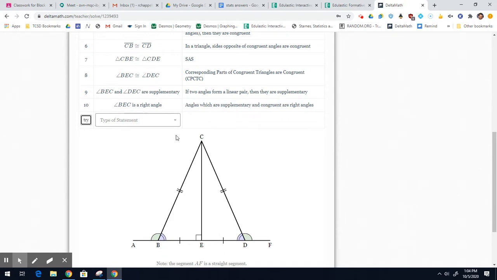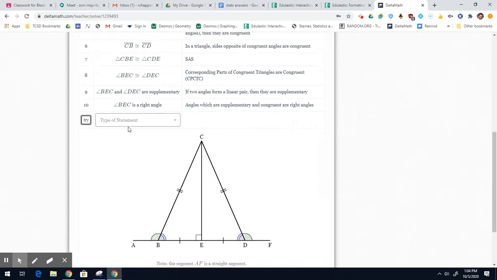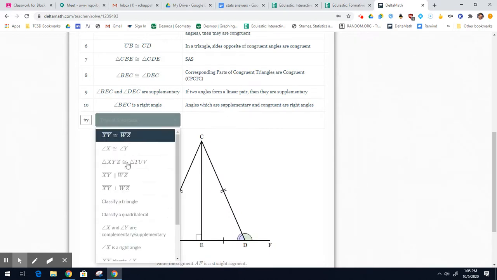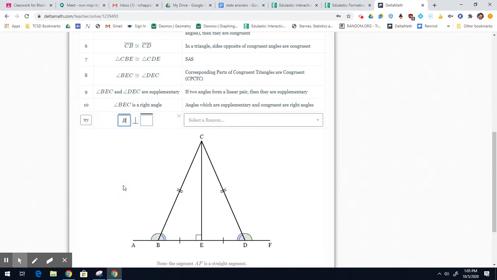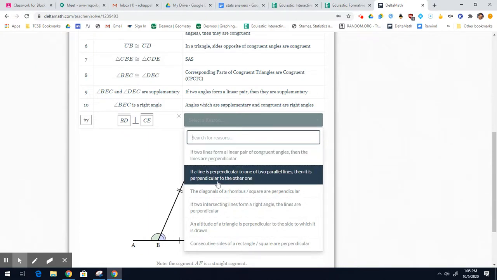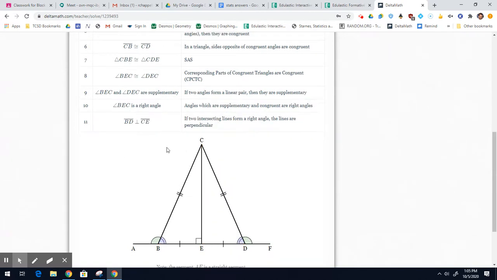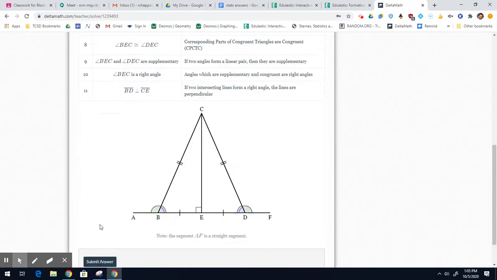And if BEC is a right angle, that means that what we want to prove is true, that segment BD and segment CE are perpendicular. And again, if two lines form a linear pair of... Oh, we could have used that reason. Okay, sorry. I use this: if two intersecting lines form a right angle, then they are perpendicular. There you go. How about that? And we did it. And we're done.